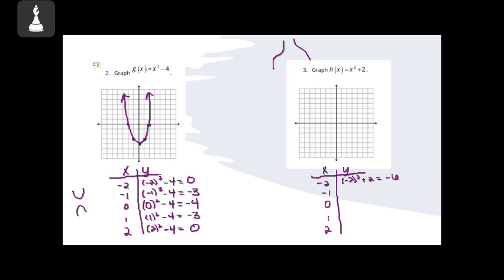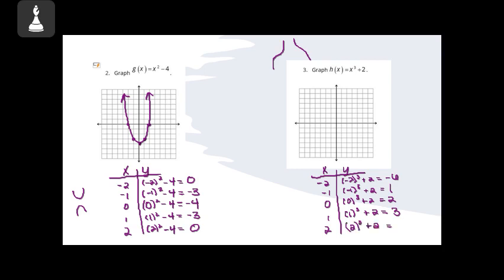Negative 1 cubed is negative 1. Add 2 to that gives me 1. 0 cubed is 0. Add 2 is 2. 1 cubed is 1. Add 2, you're going to get 3. Then 2 cubed is 8. Add 2 to that is going to give you 10.